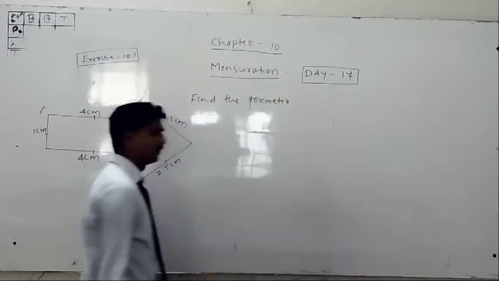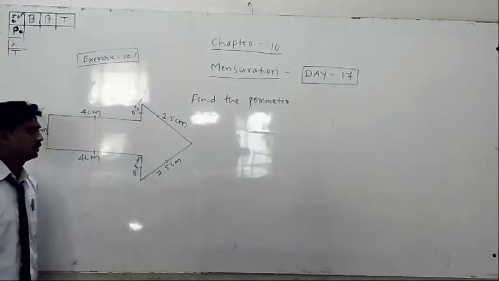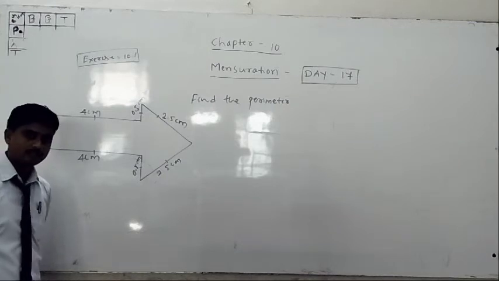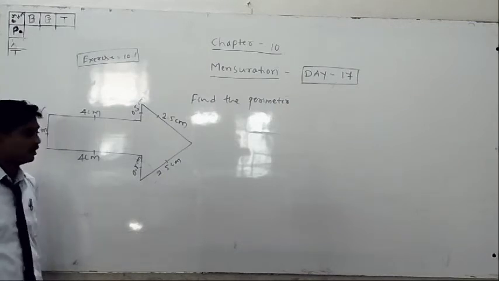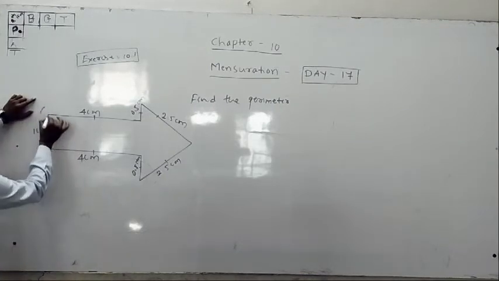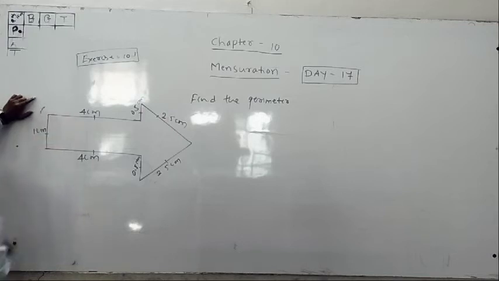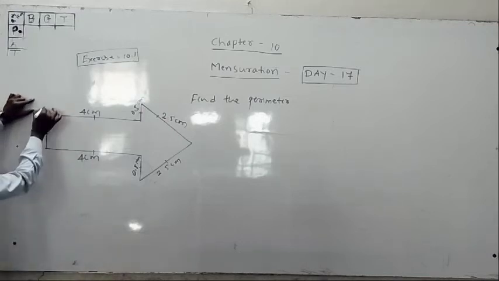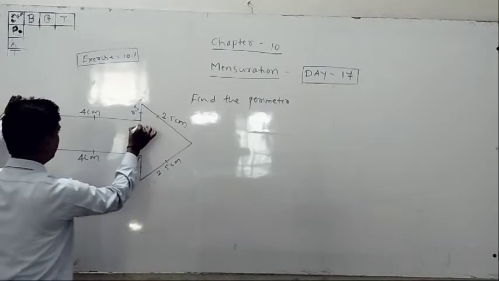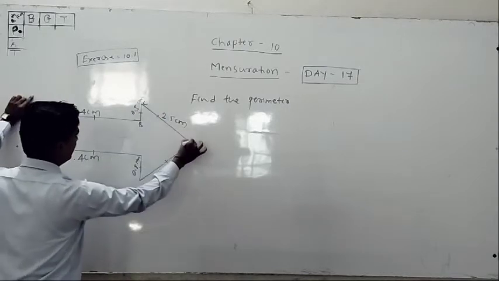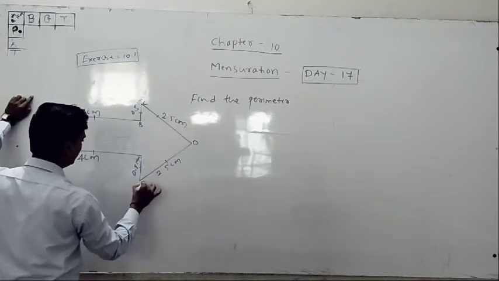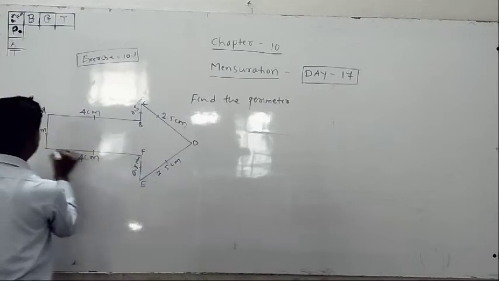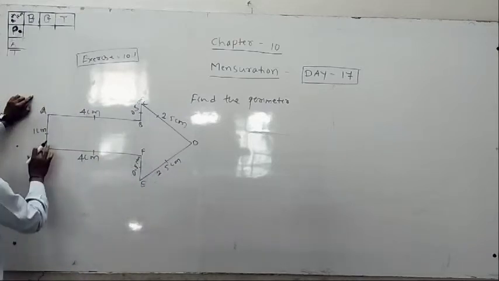This is the given problem. But you should mention the names of the corners. First of all, this is A, this is B, C, D, E, F, and this is G.